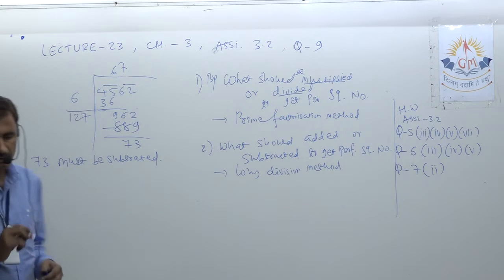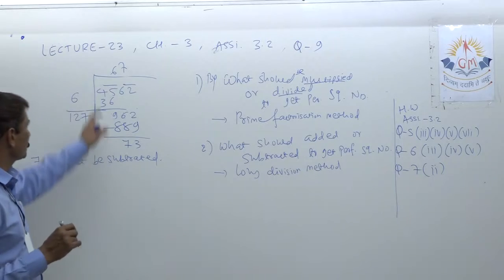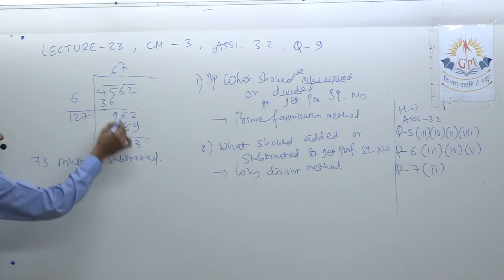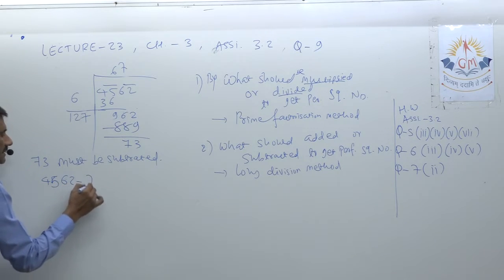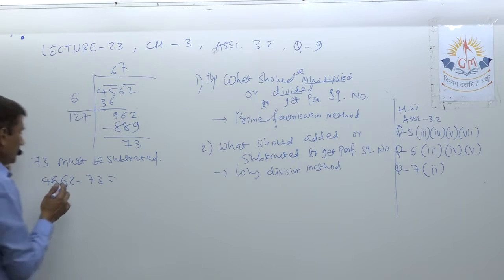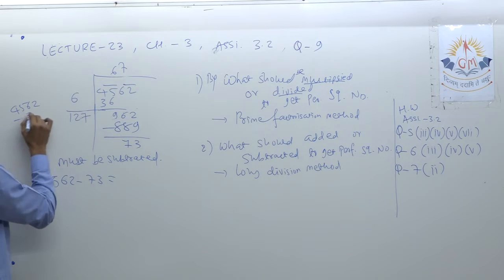Now they are asking to find the square root of the perfect square. So whatever perfect square may be there, actually we just subtract 4562 minus 73, because it is something extra.